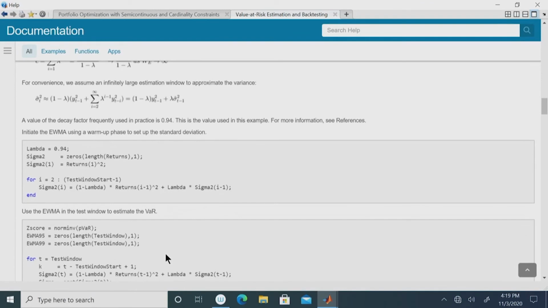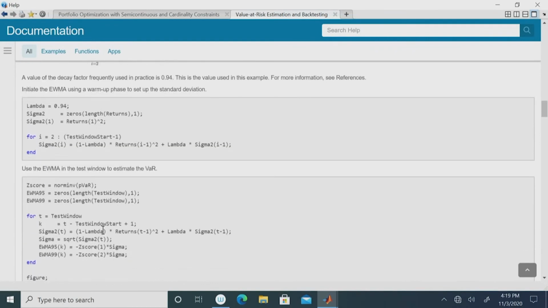Now, how do we make use of the EWMA in order to estimate the VaR? As before, my z score is given by the inverse of p_VaR. Remember, the p_VaR values were either 0.05 or 0.01. We now calculate the sigma using this EWMA approach and assign the value of sigma.